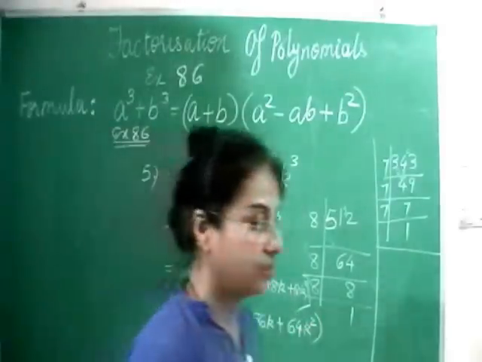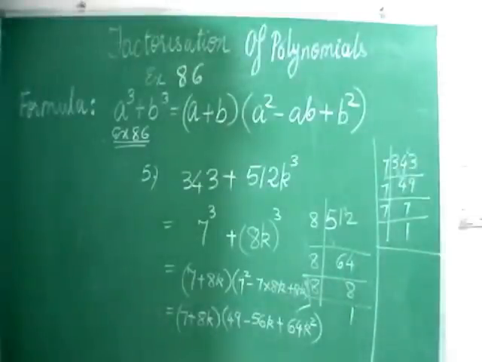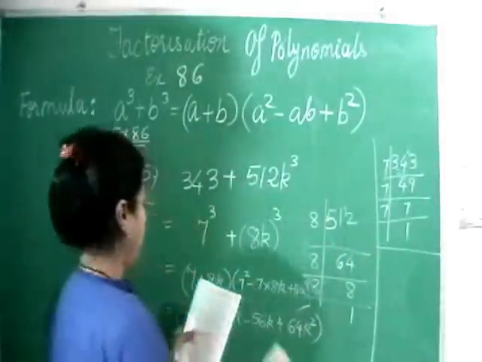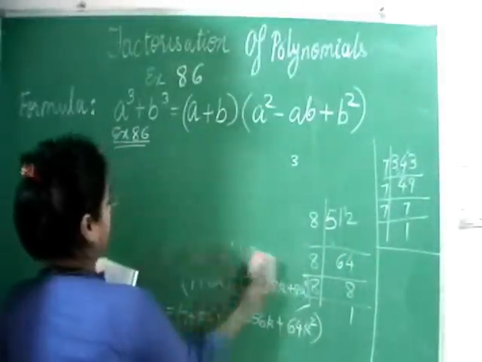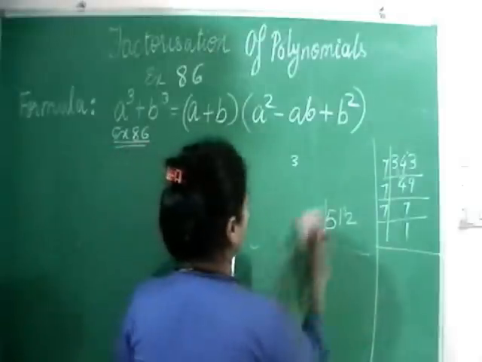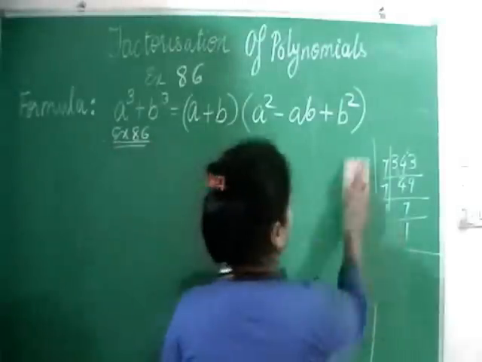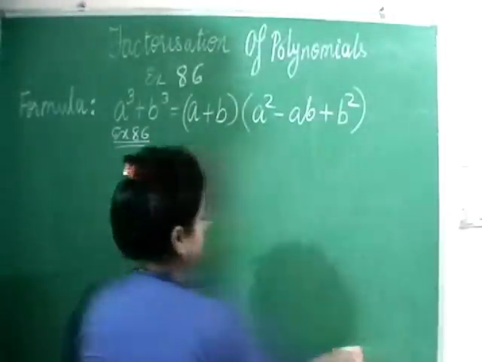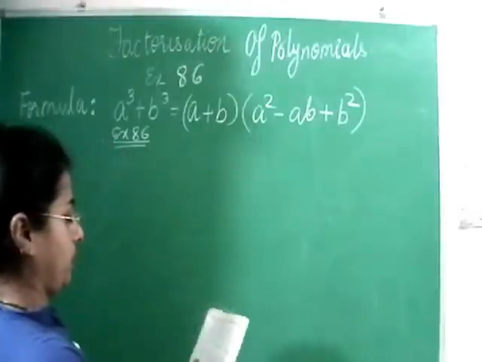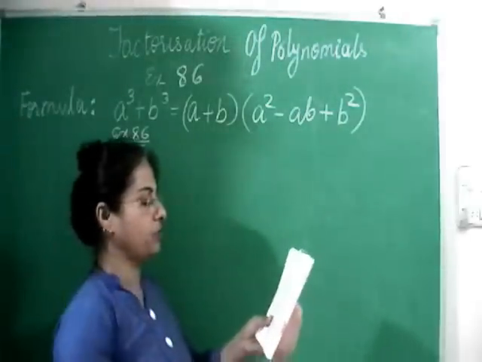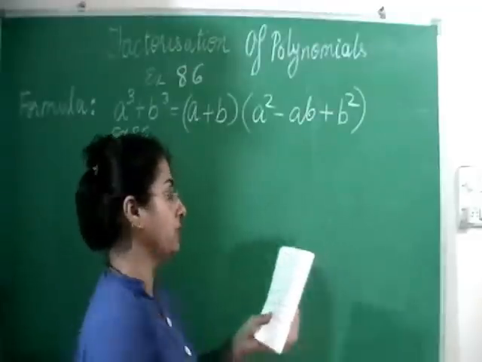And now the last sum is in the form of fraction. The question is a cube plus 1 upon 8a cube. Let me read the question again.